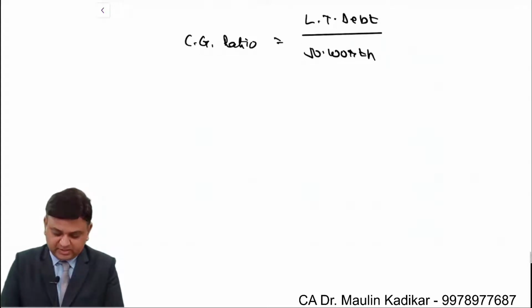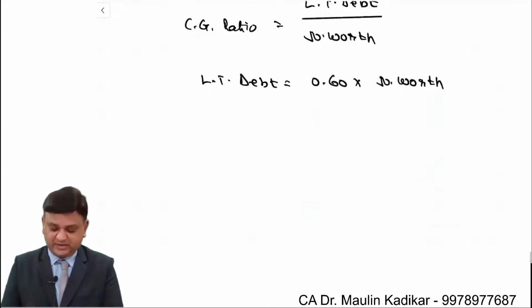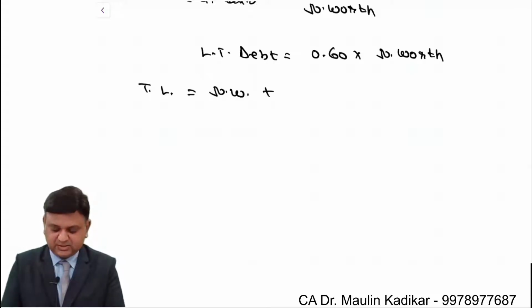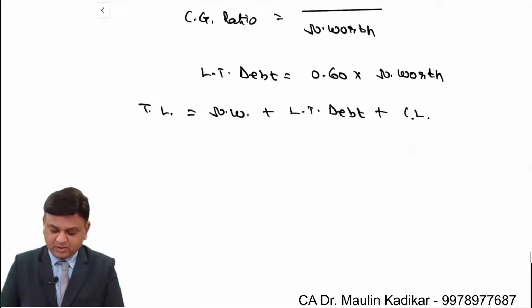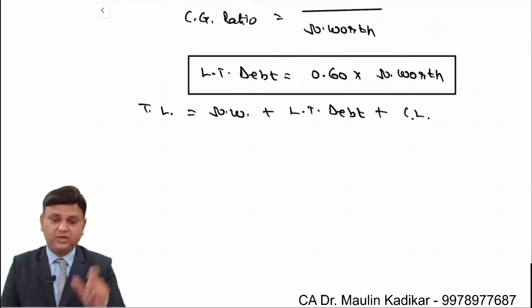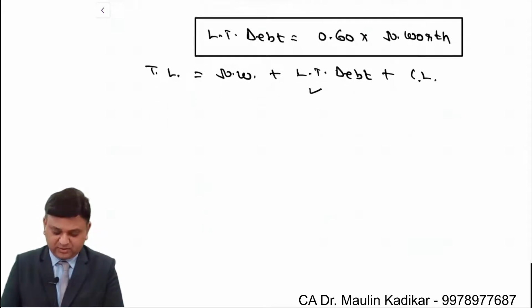So the long-term debt is equal to 0.6 into net worth. Total of the liability side is equal to net worth plus long-term debt plus current liabilities. Now long-term debt can be replaced with 0.6 into net worth.